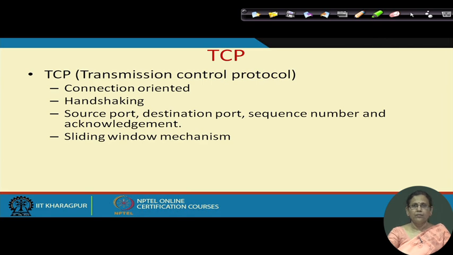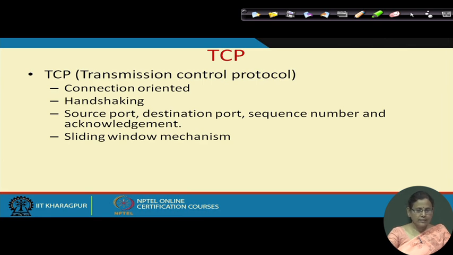To understand it further, let us try reviewing what we learned about TCP. TCP, the transmission control protocol, is a connection oriented protocol, and in order to send the data, it first contacts the server and performs some kind of handshaking.